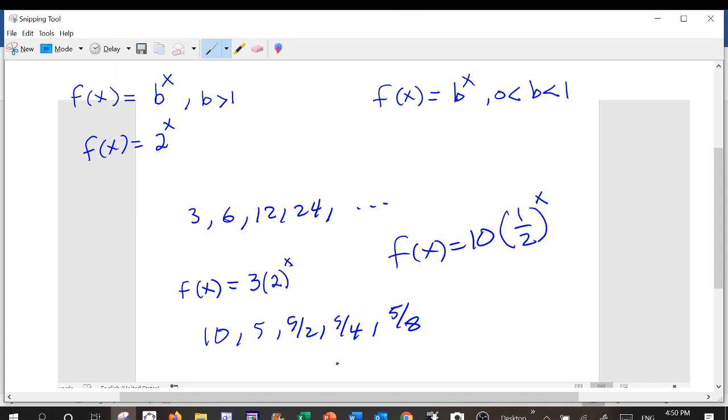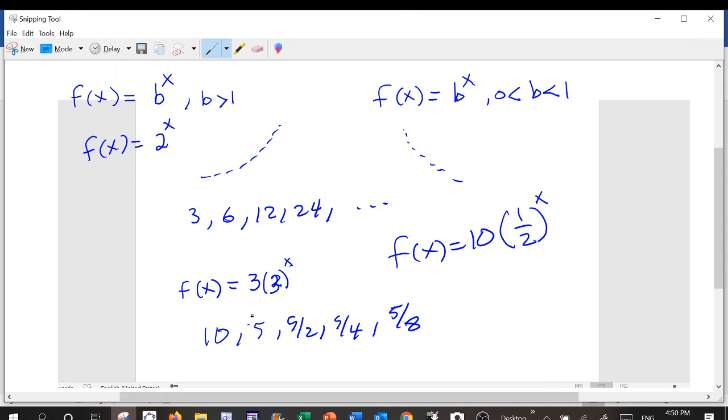All right. So this number right here, if it is less than 1, the numbers are going to go down. And if this base is greater than 1, the numbers are going to go up, right? Now, if instead of 2, I put a 3 here, now I have to keep multiplying by 3 instead of 2.